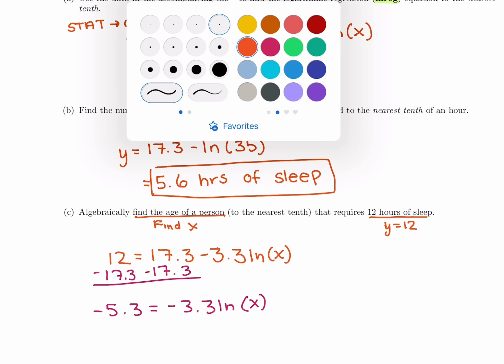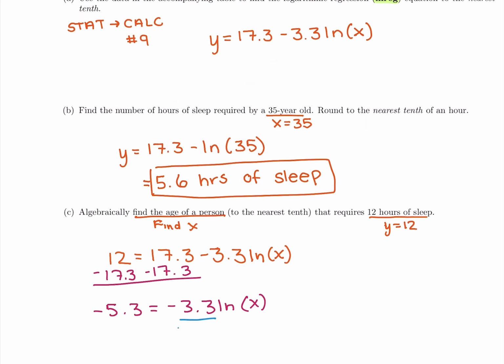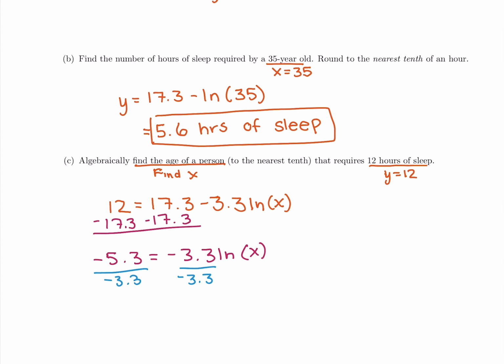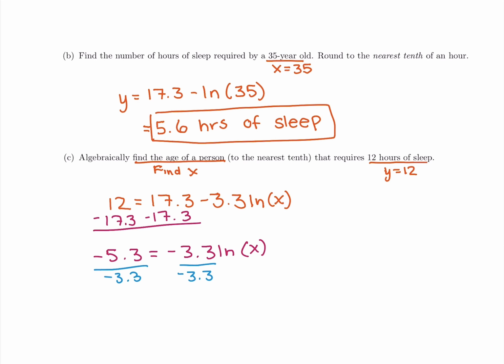So I want to divide both sides to get that ln by itself. So I'm going to plug into my calculator, negative 5.3 divided by negative 3.3, and then I'm going to hit math, enter, enter, to reduce that fraction. And when I do negative 5.3 over negative 3.3, it's reducing to just be 53 over 33.